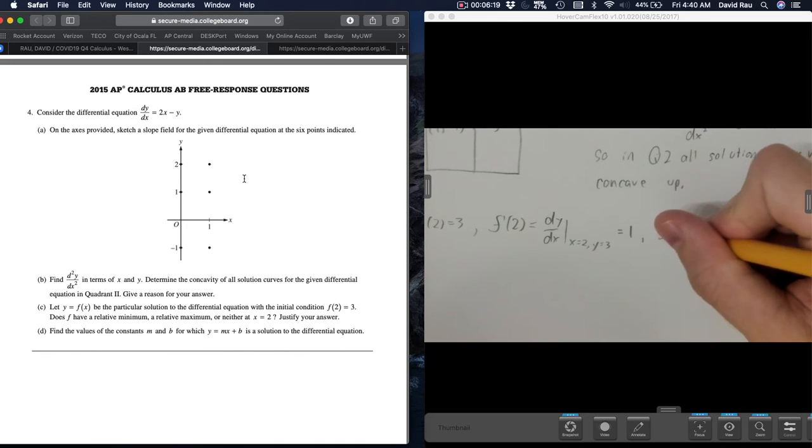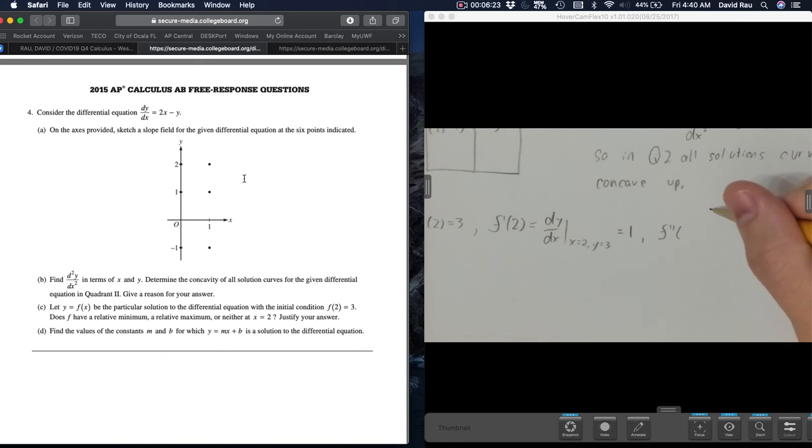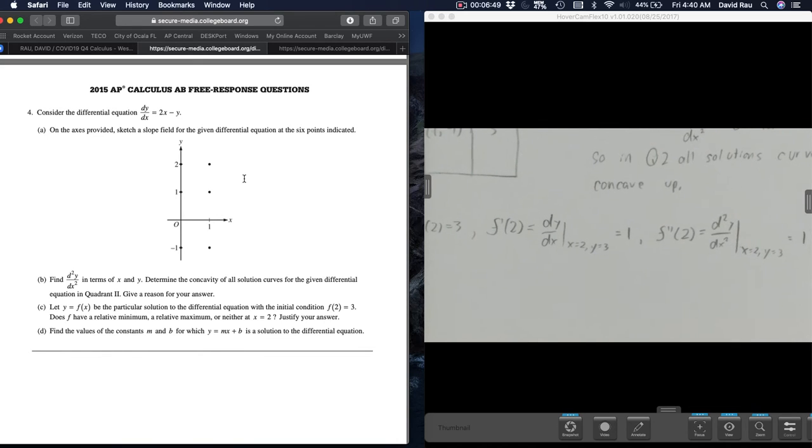And then, you know what we should also do? We should also look at f double prime. Now, technically I already know the answer because I just saw what this was when I plugged it in, but we should look at f double prime of 2, which is, again, d squared y over dx squared, evaluated at x equals 2, y equals 3. Now what's that? Well, I have this expression right here that's going to be negative 4 plus 3, which is negative 1 plus 2, which is also 1. Okay, so what's going on here?